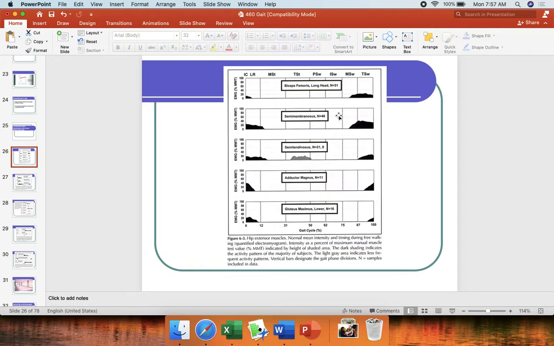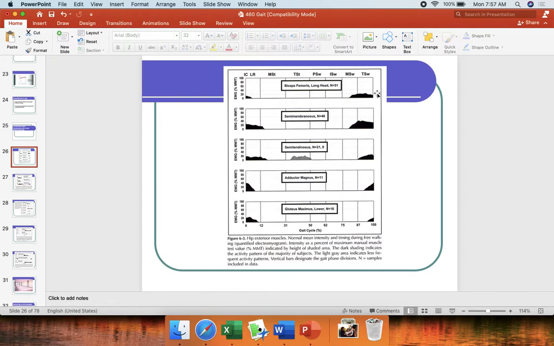Interestingly, our hip extensors are mainly going to be contracted as we have swung our leg through, towards the end of swinging, in our terminal swing, into our initial contact. We might think, I don't know if that makes a lot of sense.